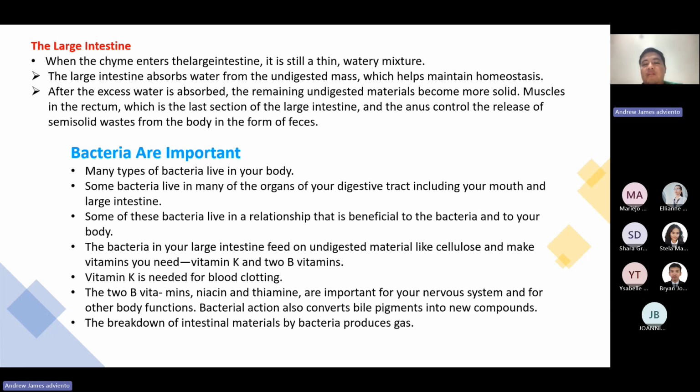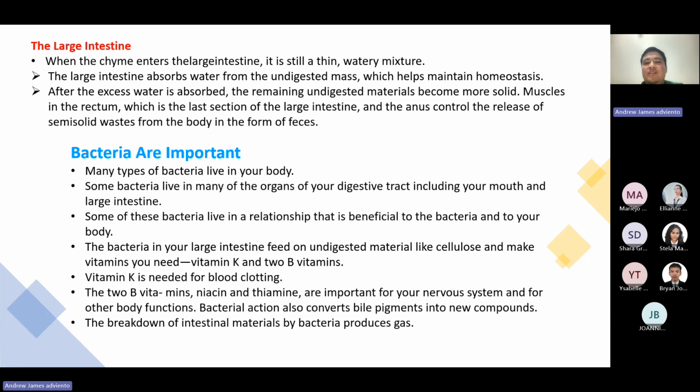They feed on undigested material like cellulose, and in doing so they make vitamins like vitamin K and two B vitamins. So vitamin K is needed for blood clotting, and the two B vitamins, niacin and thiamine, are important for our nervous system and for body function.